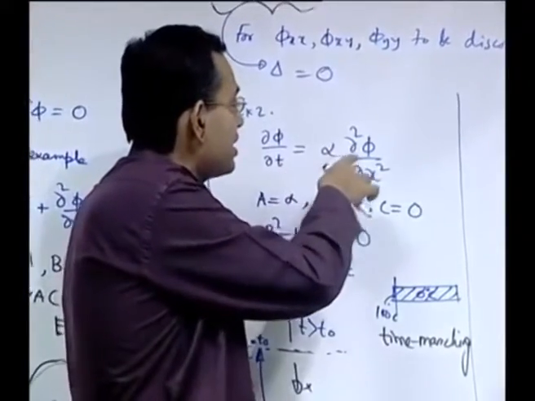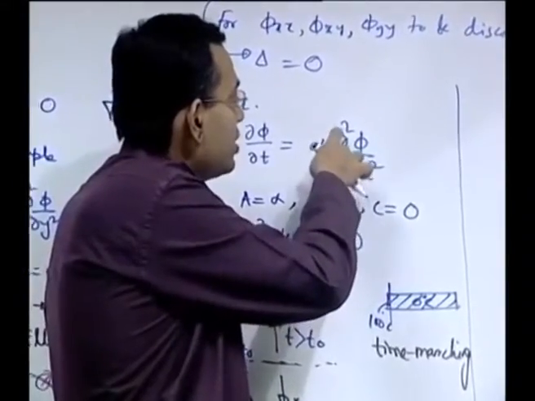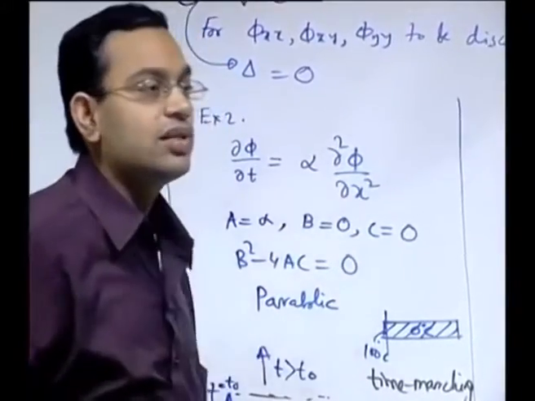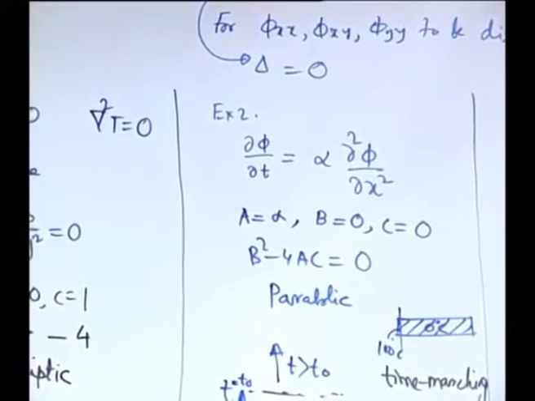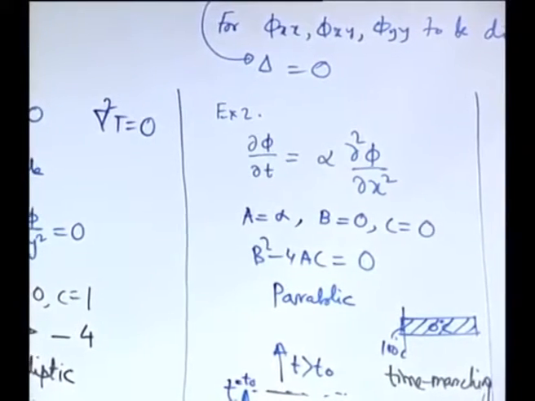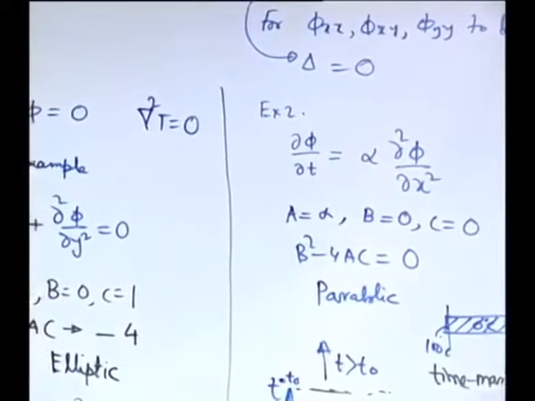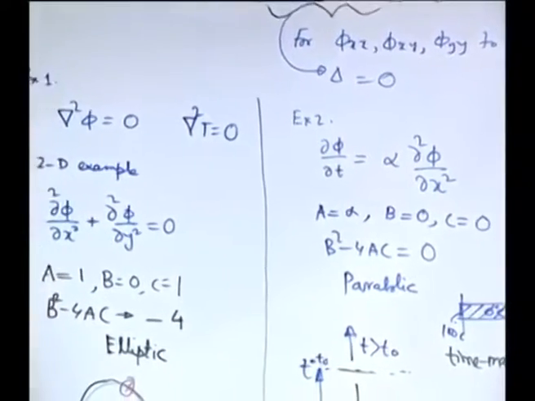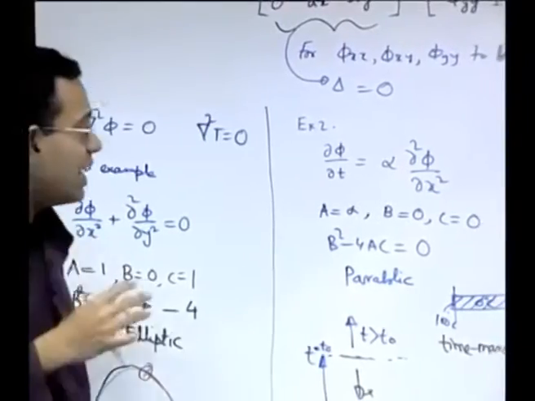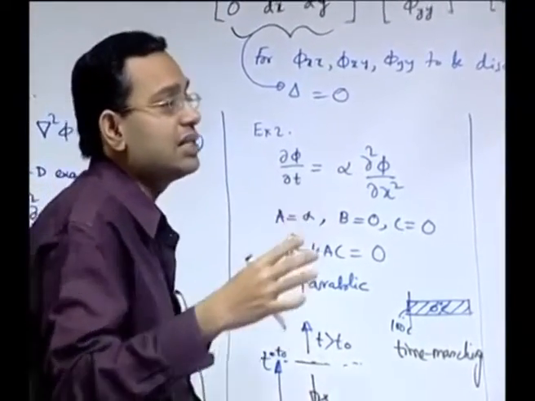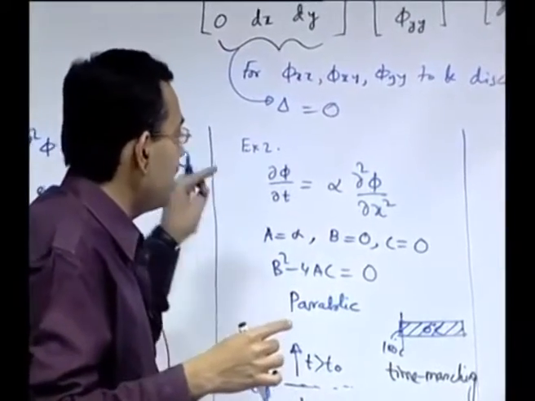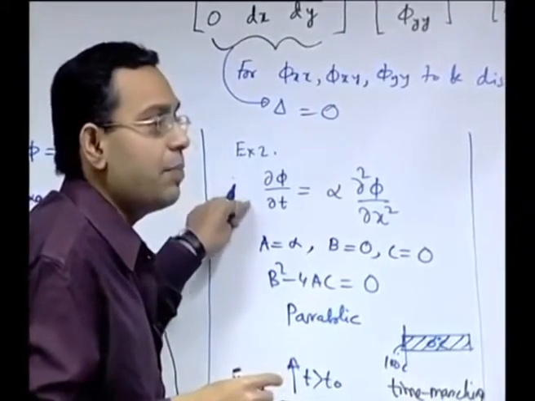Once that ceases, it will be just d square phi dx square equal to 0. Then that will be just like a Laplace equation prototype, and it will become a boundary value problem or an elliptic problem. So, we can say that this problem also has some elliptic nature inbuilt in the steady state limit. So, it is better not to say that it is simply a parabolic equation.